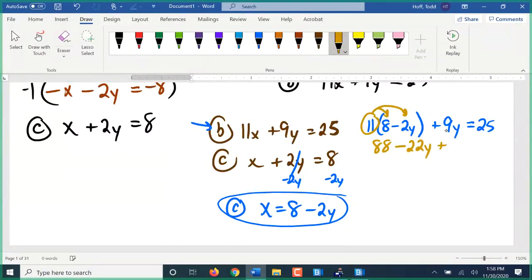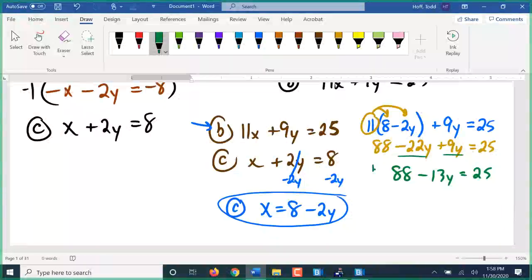The positive 9y is outside the parentheses, so it does not get multiplied. So I combine negative 22y and positive 9y is a negative 13y, equals 25. This is technically my equation B.